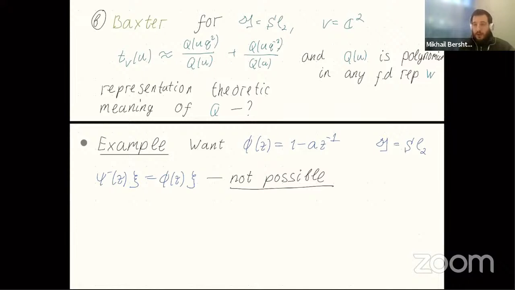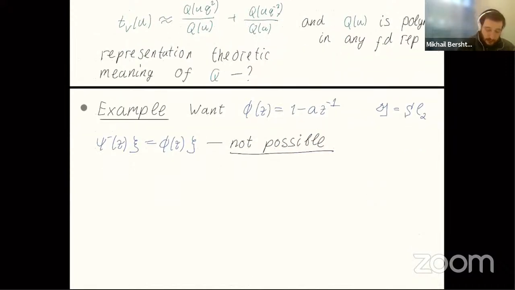Okay, this is a problem, and a way to resolve it which we will use is actually to forbid this element to act on this space. So we want representations where we do not have psi minus, with negative powers, but we want a representation of a subalgebra, so we want a representation of Uq of b plus.